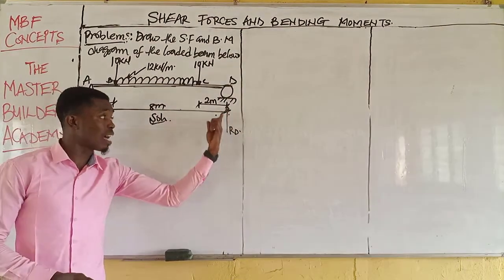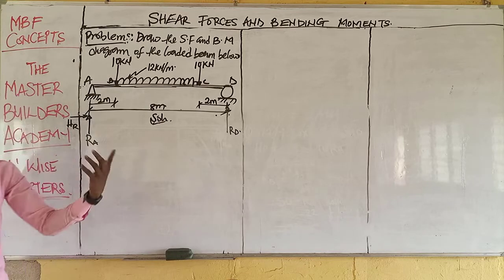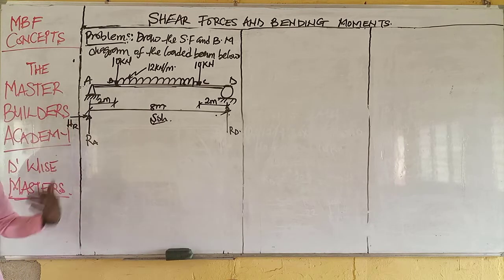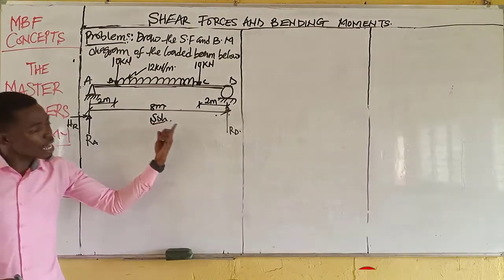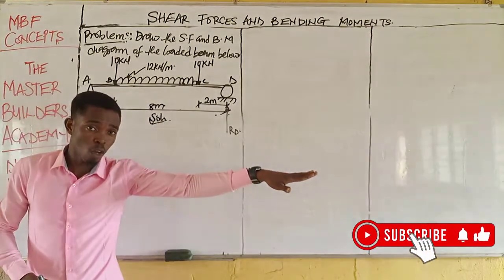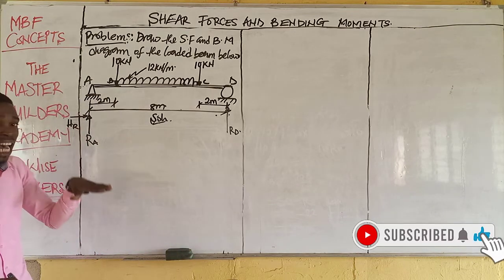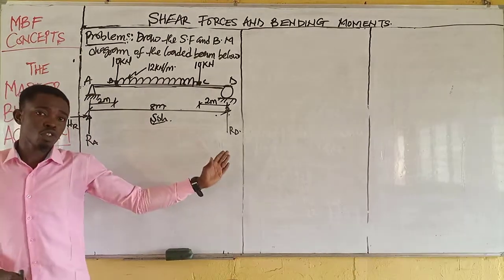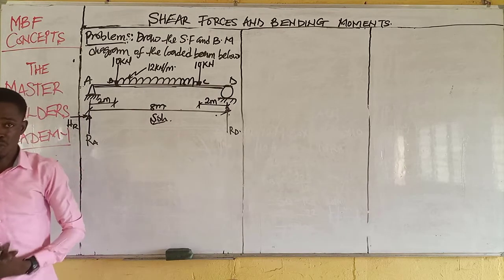That's why we have only one reaction here. But for the pin at A, it resists both vertical and horizontal. And of course, we know that this horizontal reaction has no effect since this system is not loaded horizontally, or there is no inclined load. Therefore, the horizontal reaction at A has no effect on this structure. Therefore, the horizontal reaction H at A is equal to 0.